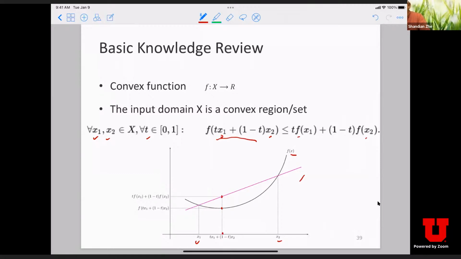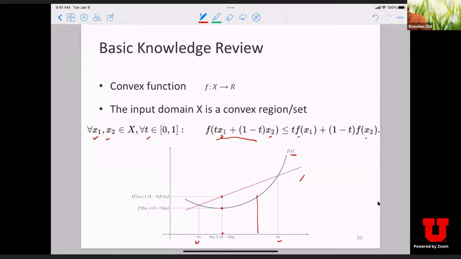So you can see that the latter is above the former, right? That's typically how it satisfies the definition. Actually, you can pick arbitrary two points and arbitrary points in between.